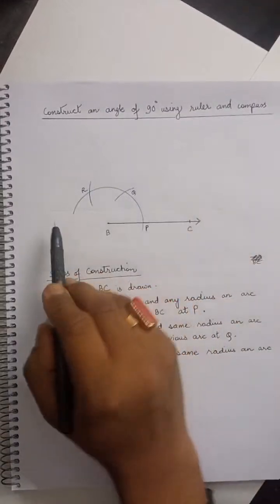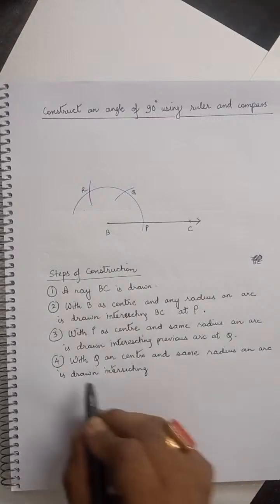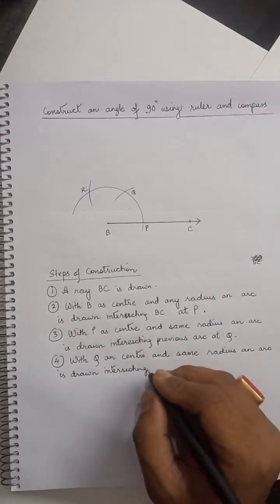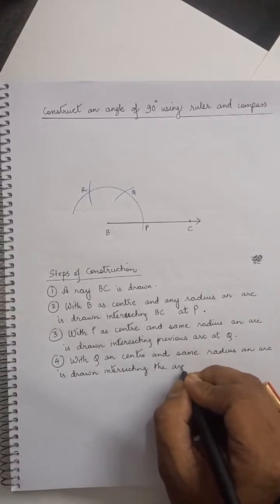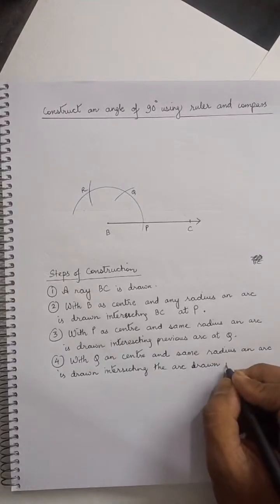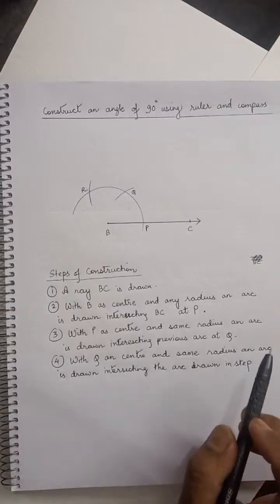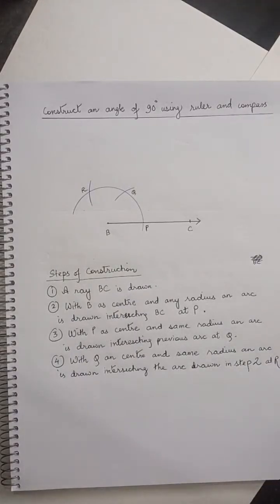But we are referring to the very first arc. So we'll write, with Q as center and same radius, an arc is drawn intersecting the arc drawn in step 2 at R. Was it step 2? Yes.